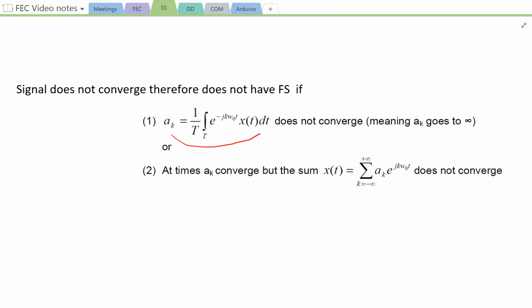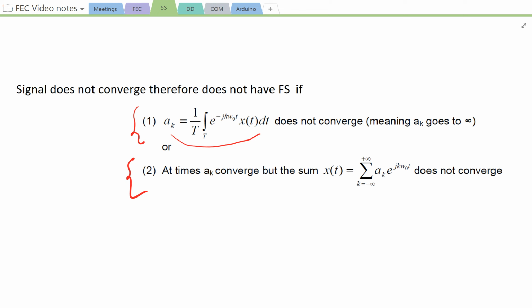And at times a of k converges, but the summation does not converge. So in other words, we have cases where a of k converges, but the summation does not. And as you can see, I have to take every signal and run it through this integration and through this summation for multiple cases of k to prove that that situation exists. And this is very difficult to do in actuality.